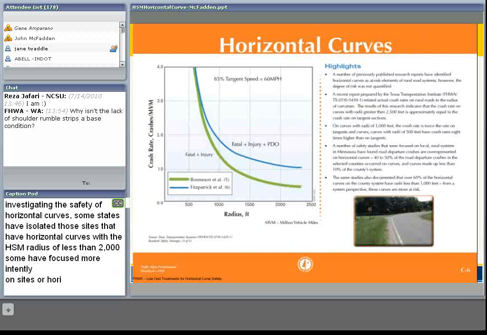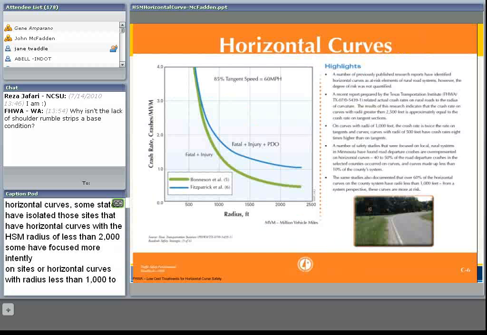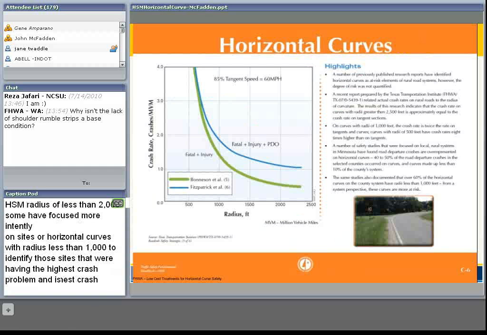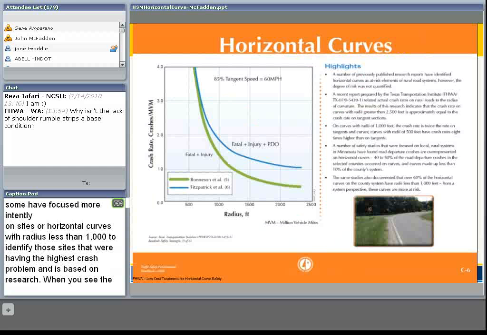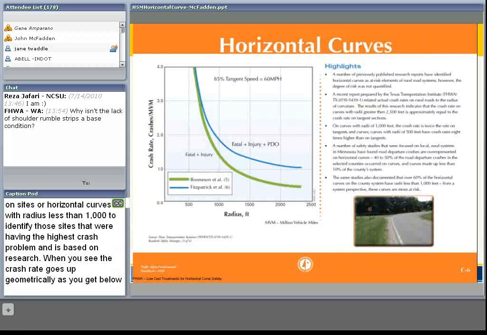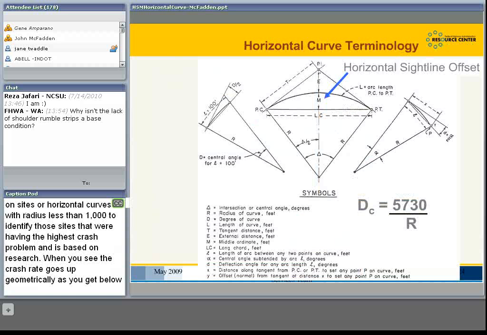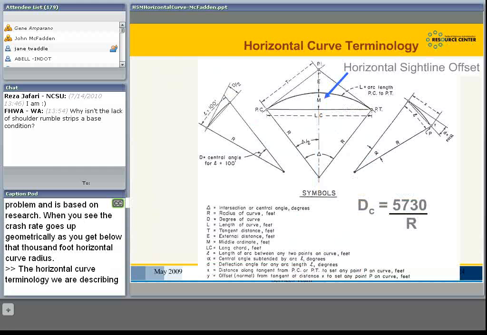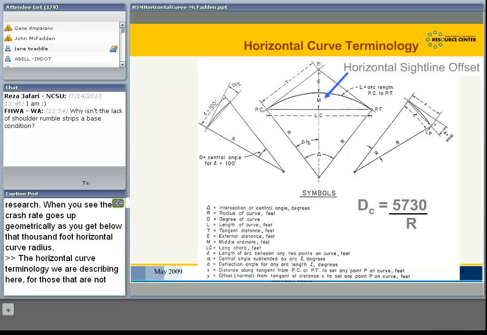So in investigating safety at horizontal curves, some states have isolated those sites that have horizontal curves with curve radius less than 2,000 feet, and some focused even more intently at sites or horizontal curves with radius less than 1,000 foot radius to identify those sites that were experiencing the highest crash problem. That's illustrated in this slide that is based on research by Bonneson and Fitzpatrick.